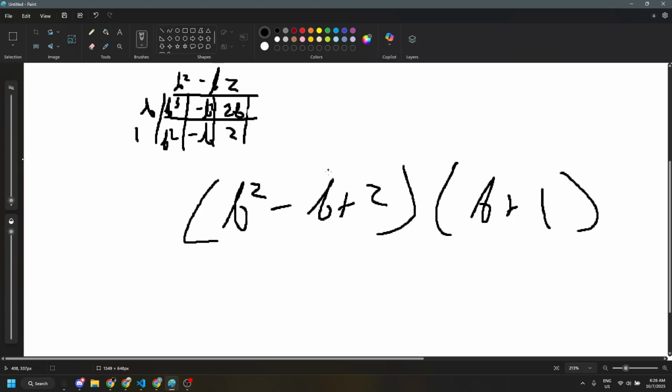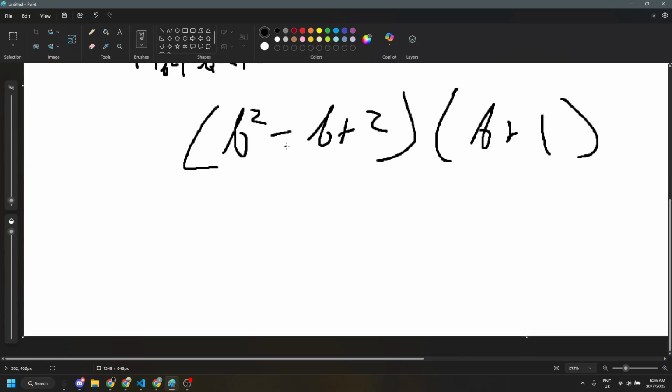Okay, can I further factor this? Two things that multiply to 2 that add to negative 1? No, I can't.